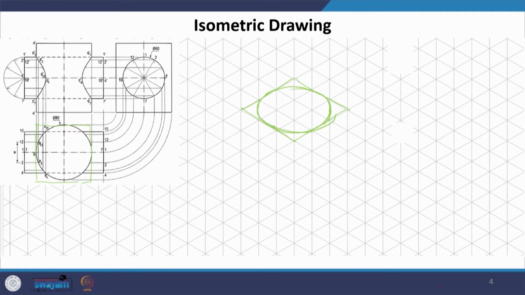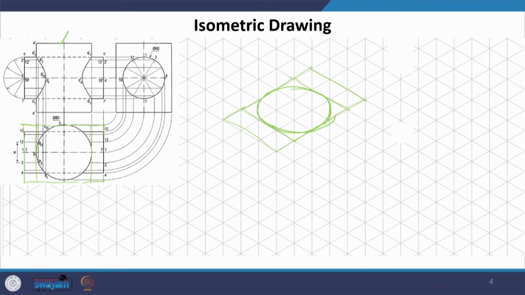This is what you get. This is the top one. Now, if I extend this square, I get an extended reference. This is where this horizontal pipe is going to come.